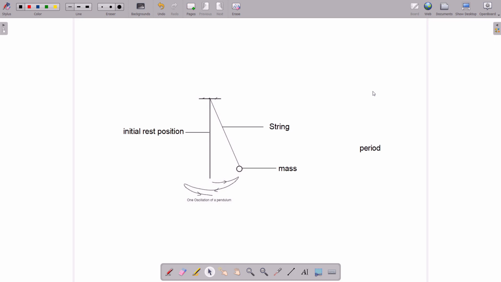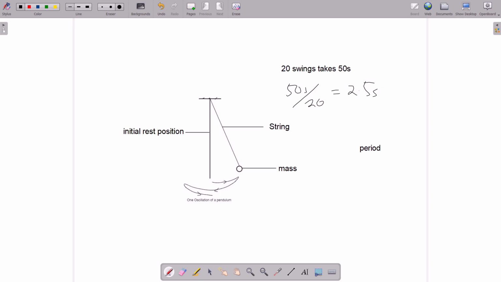Then we can divide to find the period or the time for one complete oscillation. For example, if 20 swings take 50 seconds, then the period would be found by dividing 50 seconds by 20.